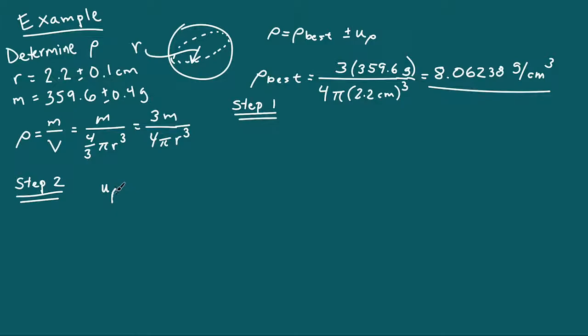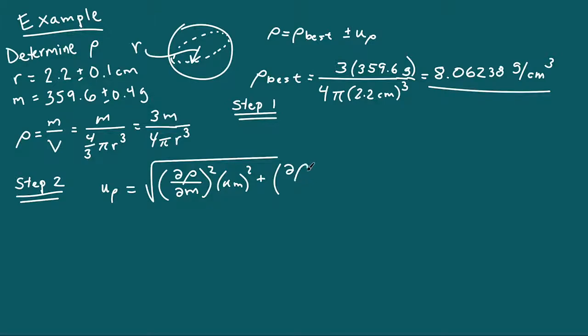So the uncertainty in rho is going to be the square root of the partial of the function of rho with respect to one of the variables, let's say m, squared, times the uncertainty in m squared, plus the partial of rho with respect to r, the second variable, squared, times the uncertainty in r squared.